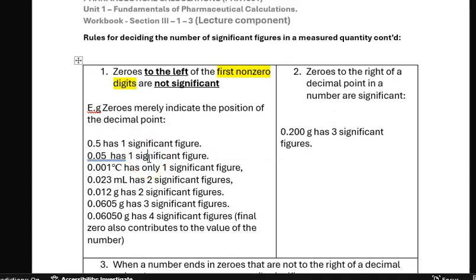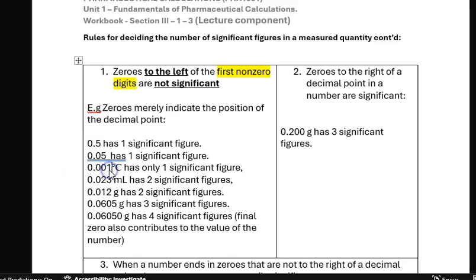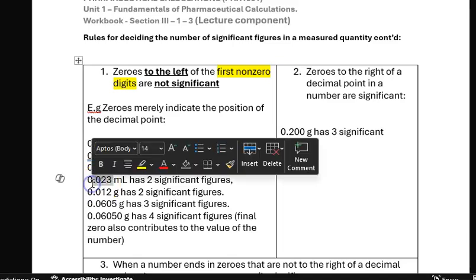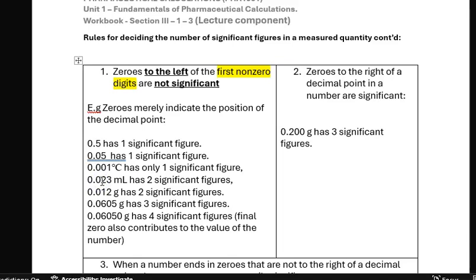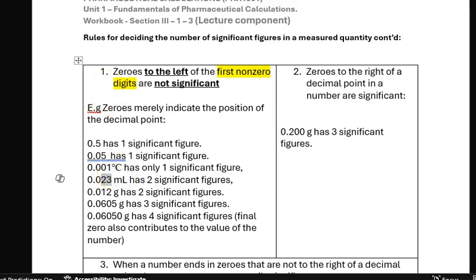That's a tongue twister there. There are 3 zeros before this temperature reading, and the first non-zero number is 1. So it still only has one significant figure. Okay, this one has 2 zeros before the first non-zero number, but it has 2 non-zero numbers, which is 23, or 0.023.